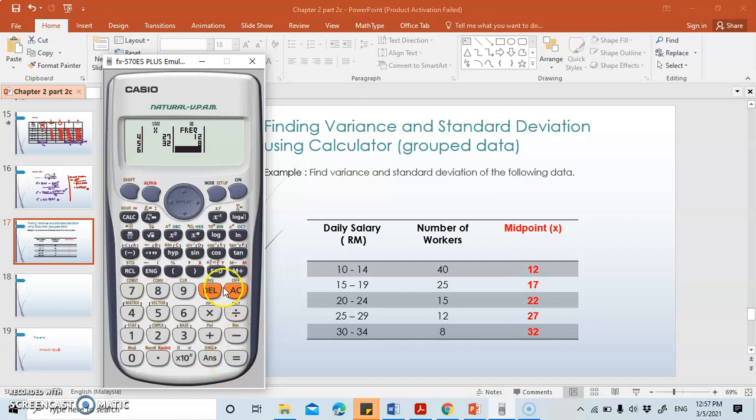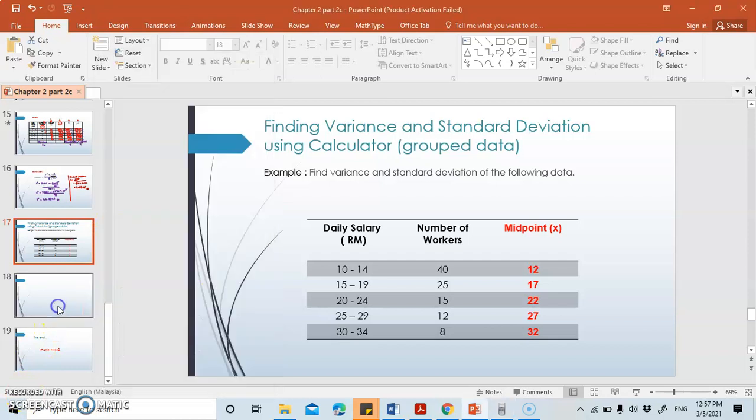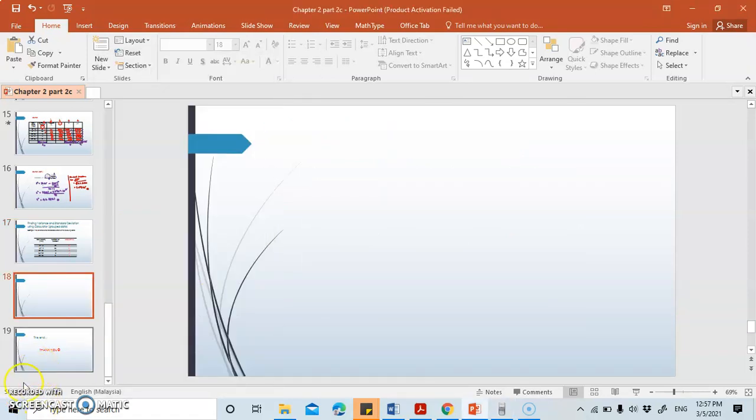Now you have inserted everything into the calculator. You can clear your screen, and as usual, even though we are using the calculator, we still need to write our working solution. So the first step is always to write down the formula.